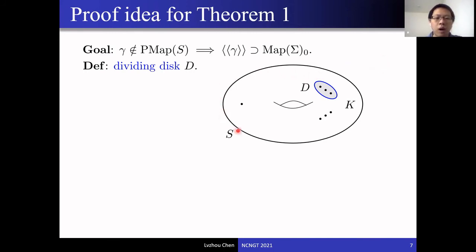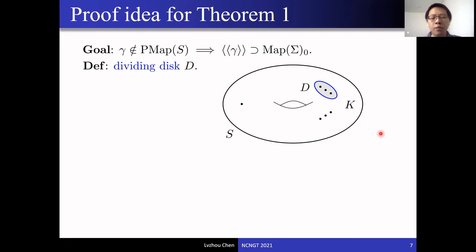So here, let me explain the notion of dividing disk in the case where we have a torus with one puncture. So a dividing disk is a disk embedded in the surface S, so that its interior and exterior both intersect the Cantor set K in a non-trivial way, whereas the boundary of the disk is disjoint from the Cantor set K.